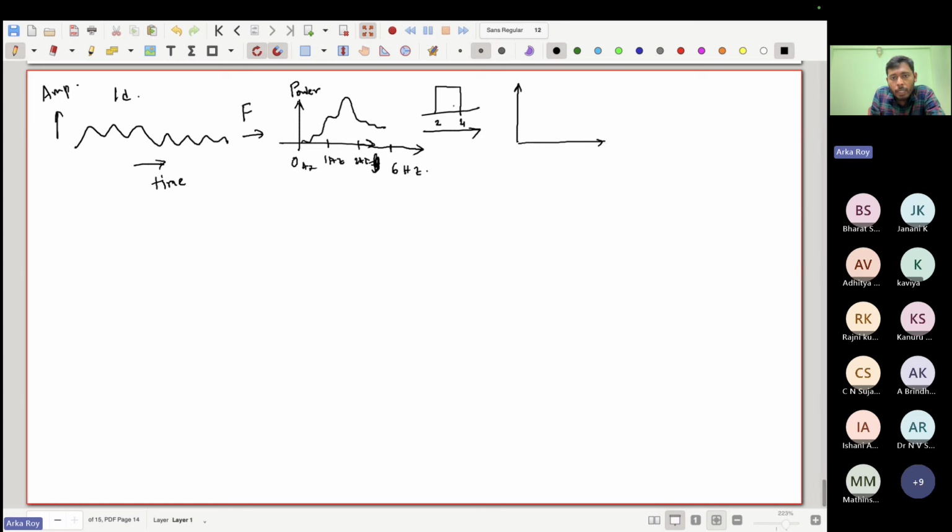Now you are applying a band pass filter which has cutoff frequencies 2 Hertz to 4 Hertz. What would the function look like? What does a band pass filter do? It will cut out the section, yes, two hertz.